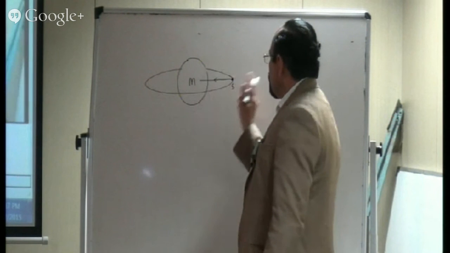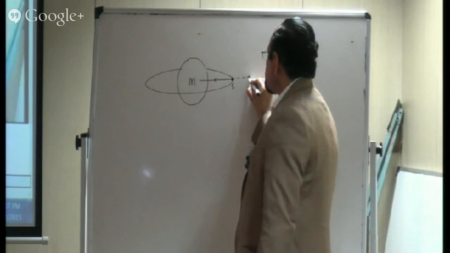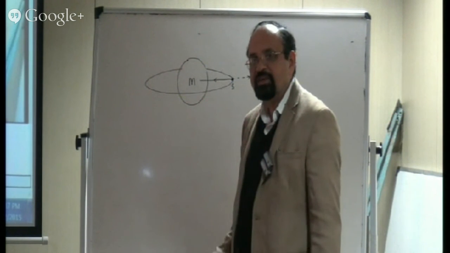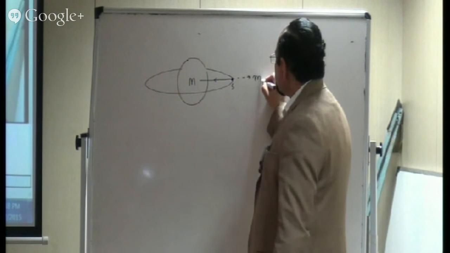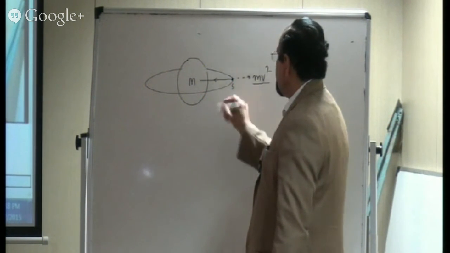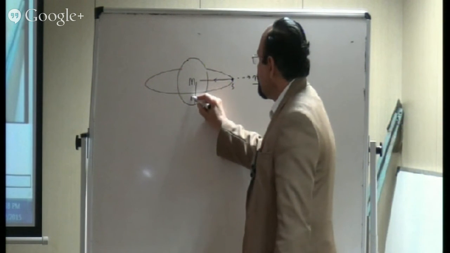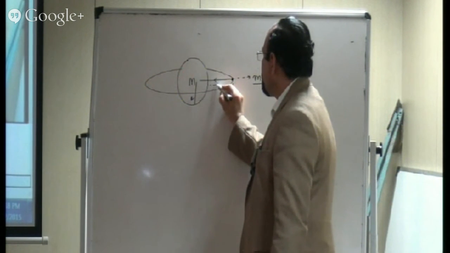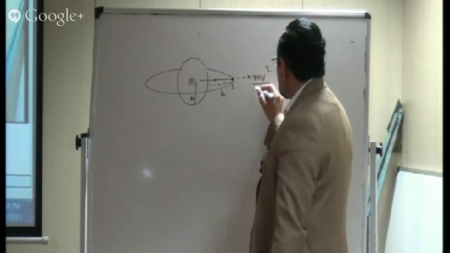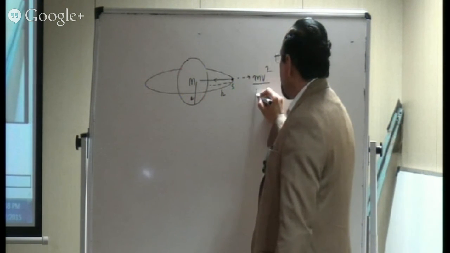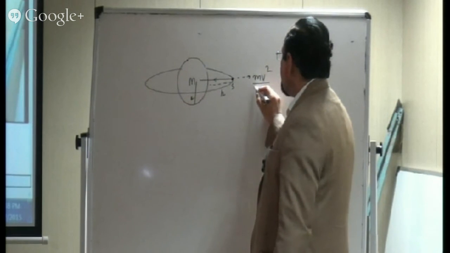Because of this circular motion, there is another force which comes, and that is nothing but the centrifugal force. Centrifugal force or pseudo force can be written as, if this radius is r and the height from here to here is h, mv square by r plus h.